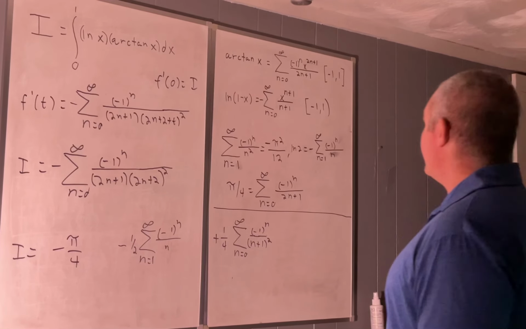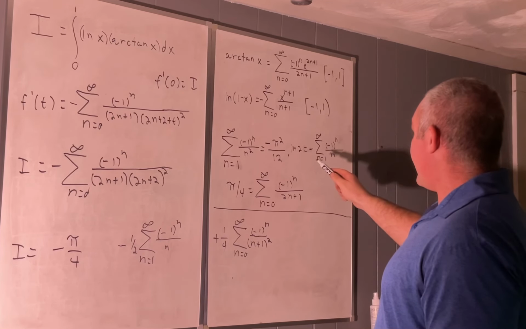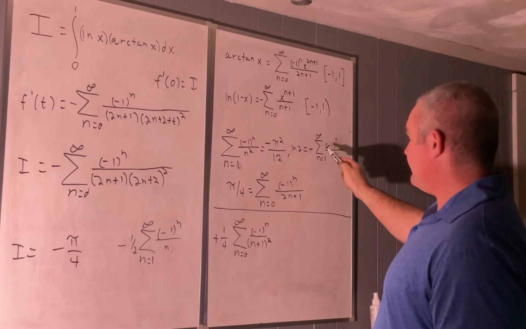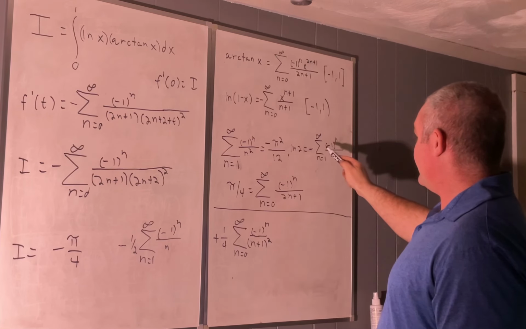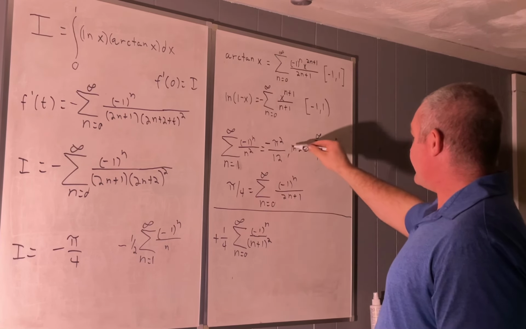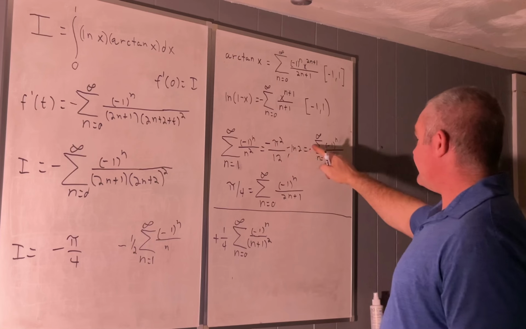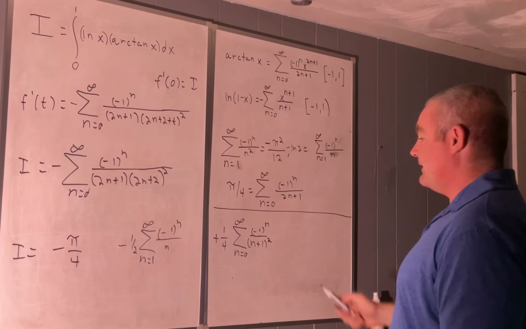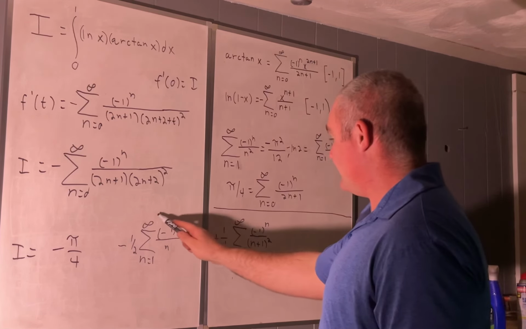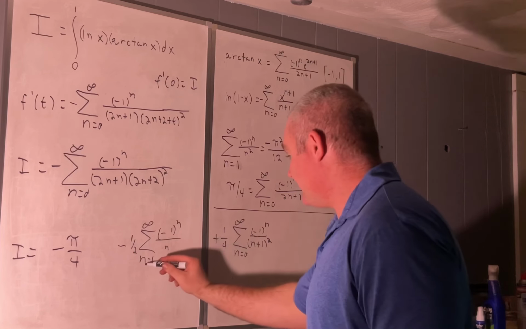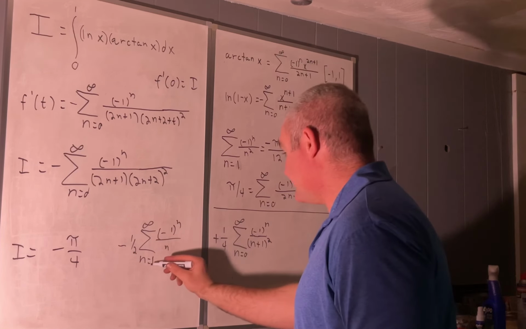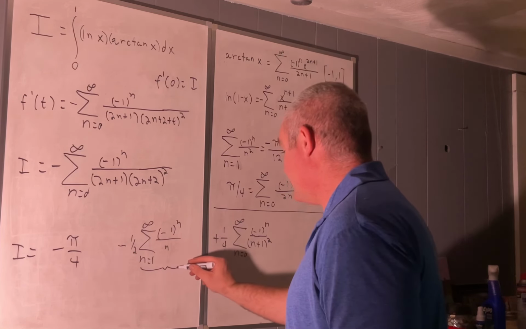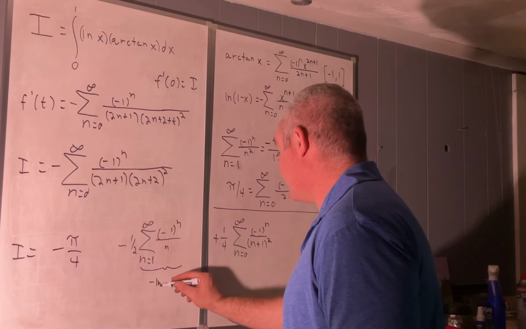All right, so now we have, let's see, negative natural log 2 is equal to this. So this whole thing right here is negative natural log 2.